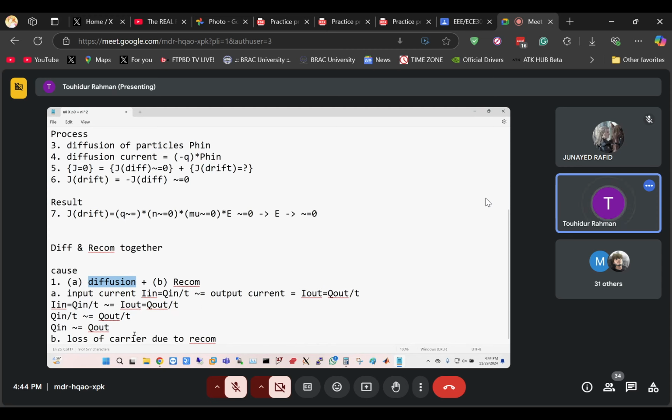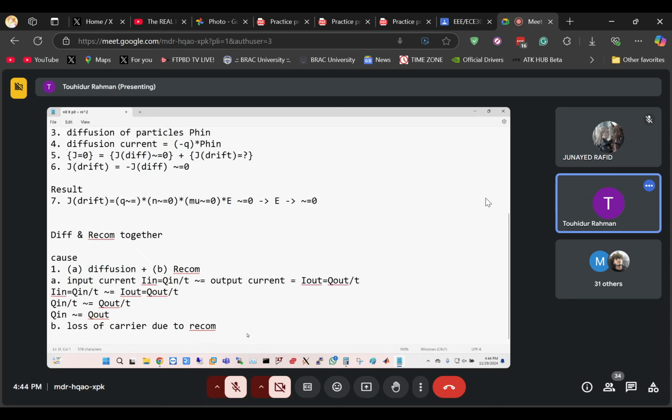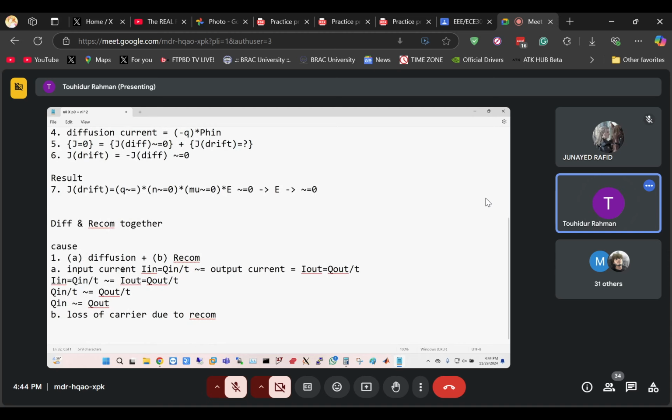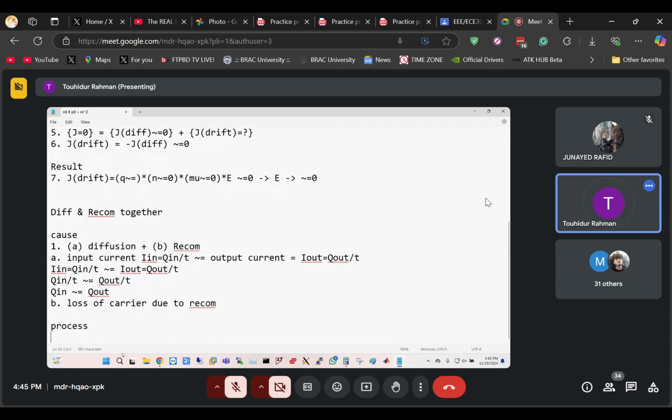All right. Now 1b is recombination. We are going to lose some carriers because of recombination. So this is our initial assumption. Remember, we are going to do it as cause, then process. So what would be our process?